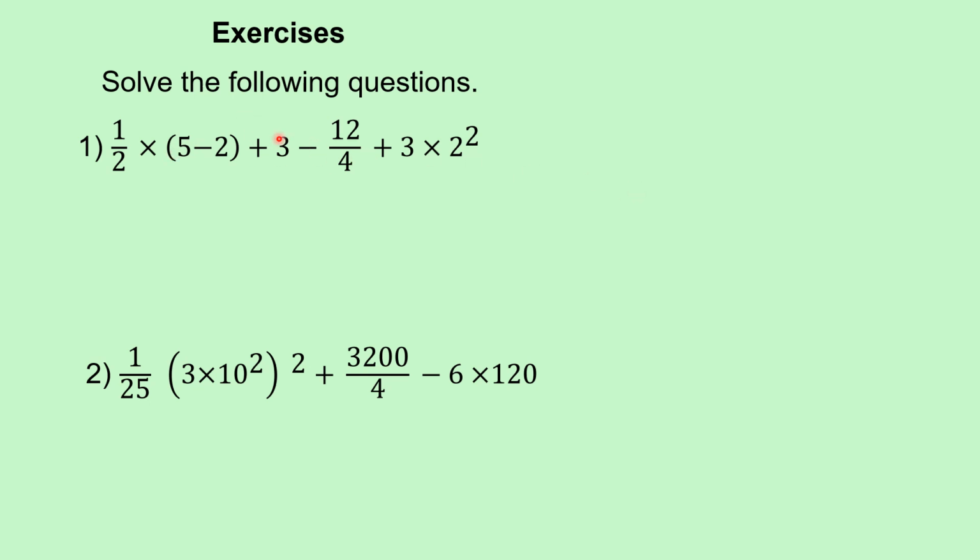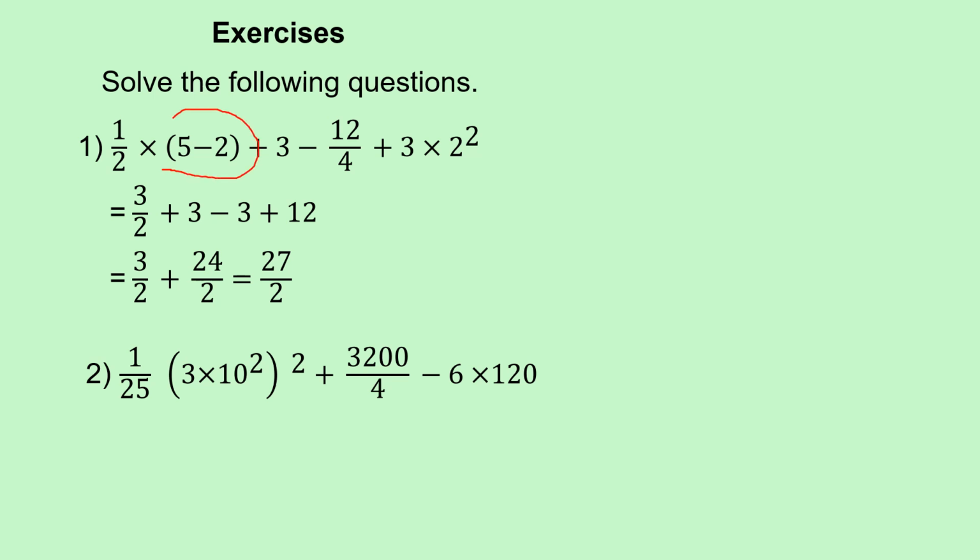If we have the brackets, it's easier. First you have to settle the bracket, B. So 5 minus 2 is equal to 3.